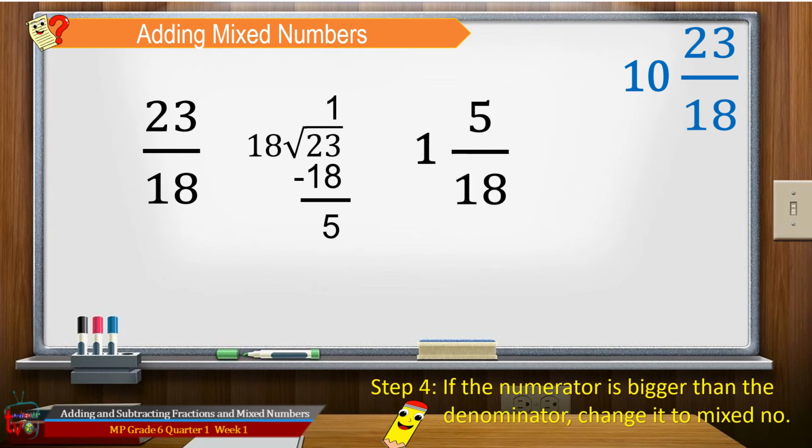Get now the quotient 1 as our whole number. Get the remainder 5 as our numerator and our divisor as our denominator. The equivalent mixed number of 23/18 now is 1 and 5/18.